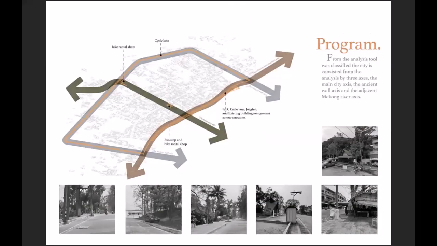From the result of the image of the city, a program is provided by the edges of the existing area. The first edge is a cycle lane. The second is the main edge of the city, and the last is the Mekong edge.